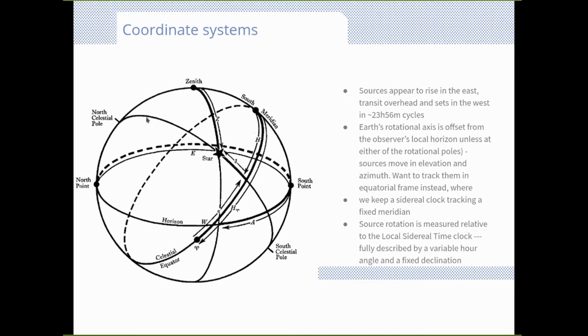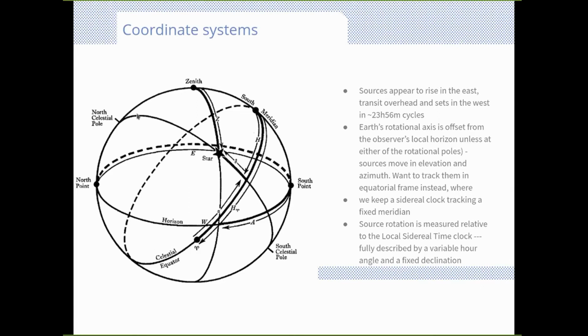They're going to track out circles around the poles of the sphere, which lie directly above the rotation axis of the planet. That is the north celestial pole, and conversely the south celestial pole, as indicated with my cursor over here. During the course of a sidereal day, which is about 23 hours, 56 minutes, just short of a solar day, they will complete a complete revolution.